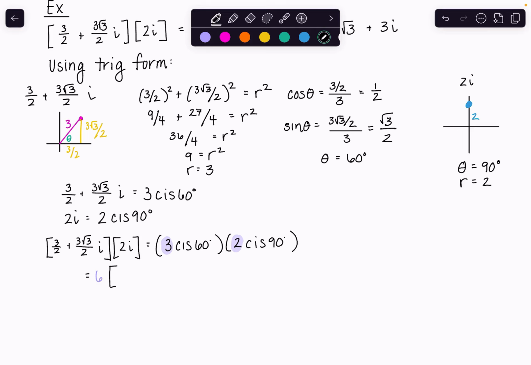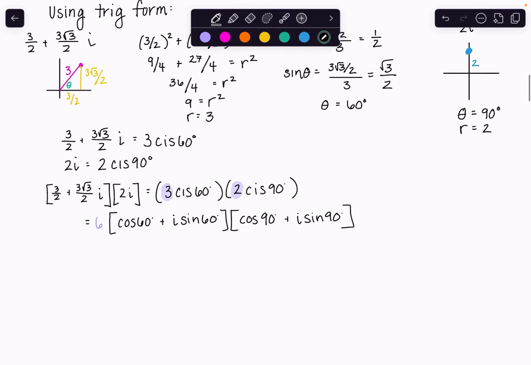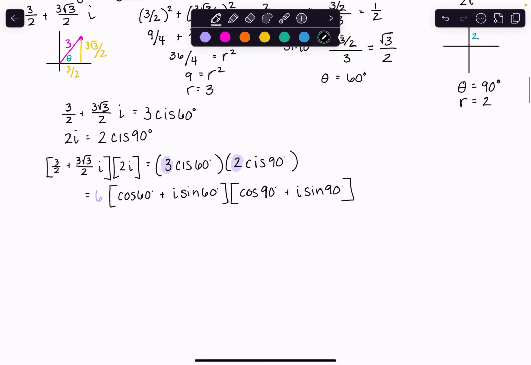So I'm going to fully write those out. Cis of 60 degrees is cosine of 60 plus i sine of 60. And then cis of 90 is cosine of 90 degrees plus i sine of 90 degrees. Okay. And if I want to multiply these two out, unfortunately, I am going to have to FOIL this thing. So we got a lot to FOIL.